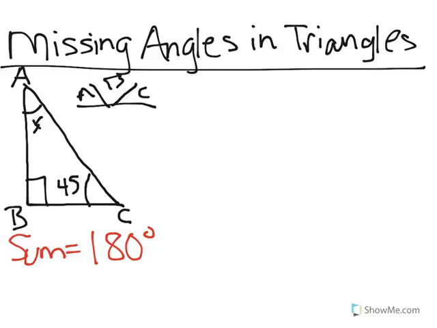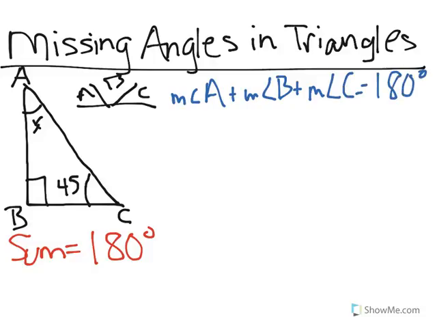So how do I find the missing angle of a triangle? Well, I write down an equation. Measure of angle A plus measure of angle B plus measure of angle C gives me 180 degrees. Now I substitute for the variables, okay? Do I know the measurement of angle A? No, it's x, so I'm just going to leave it as measure of angle A. Do I know the measure of angle B? Yes, 90 degrees.